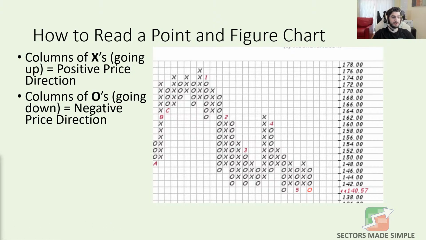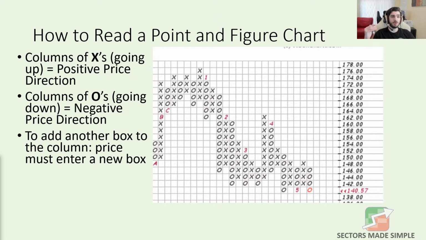Because all we're looking at is positive and negative trends or direction, each up and down line is not one day. Instead, it's a trend, and we can see where these trends start and end based on these different X's and O's. So when we see a column of X's, we know it's going up. When we see a column of O's, we know it's going down.